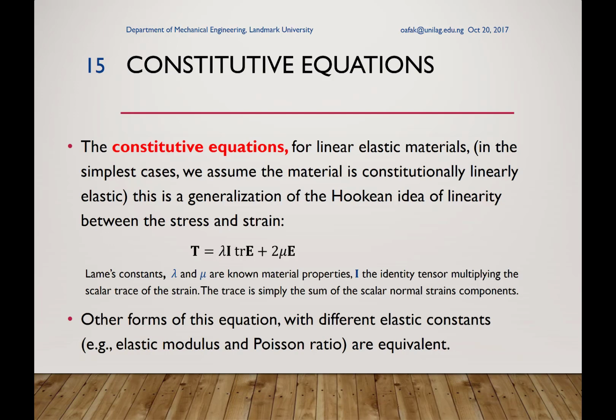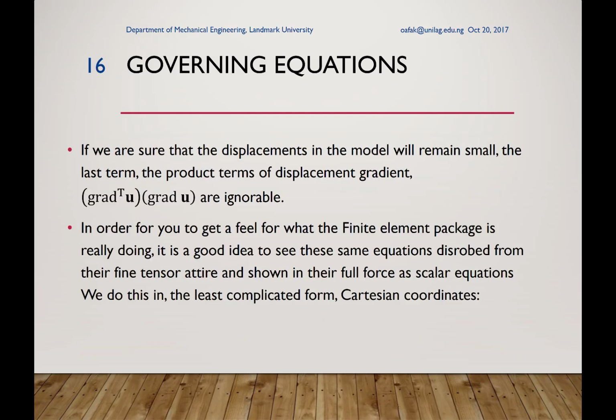The Lamé constants, lambda and mu, are assumed to be known material properties, where I is the identity tensor and the trace of the tensor is a scalar quantity, which is simply the sum of the scalar normal strain components. Other forms of this equation exist, and we will be seeing them in due course. As we said, if the last term is ignored, then we are going to get a linear equation.